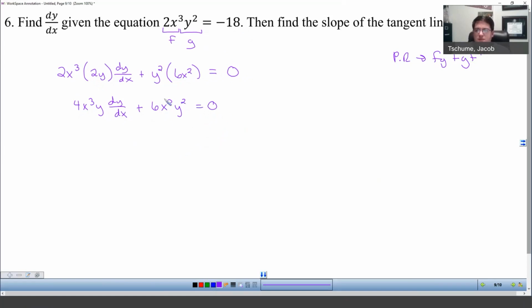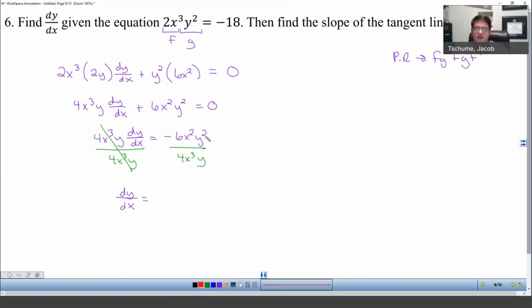If I move the term that does not have the dy/dx, so I'm moving the second term over, that would be 4x cubed y dy/dx equals -6x squared y squared. And then notice this time, if you divide both sides by 4x cubed y, that all cancels, and then you can simplify your derivative a little bit.